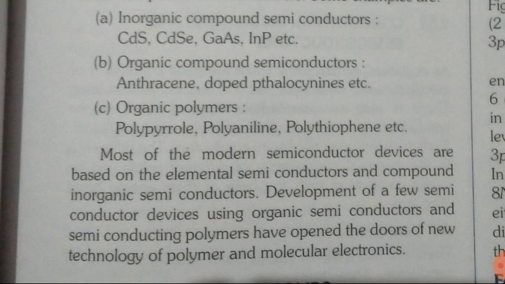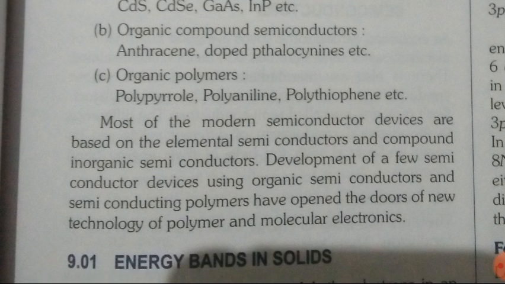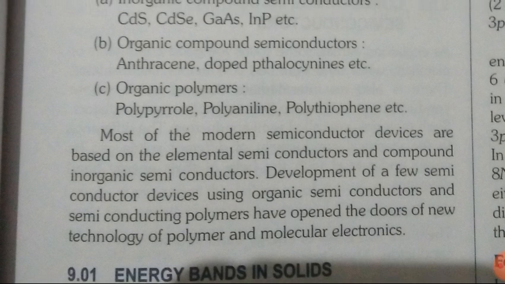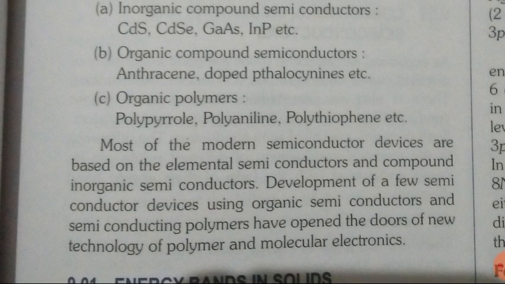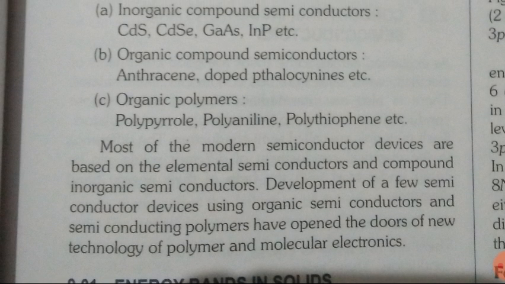Okay, in organic compounds we have anthracene, doped phthalocyanines. Okay, these are the semiconductor. Then organic polymers we are having polypyrrole, polyaniline, polythiophene. These are the organic semiconductors.